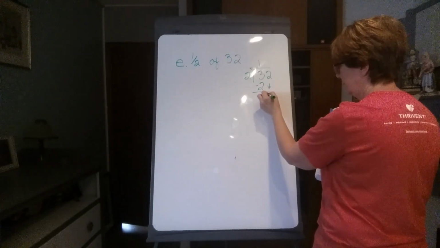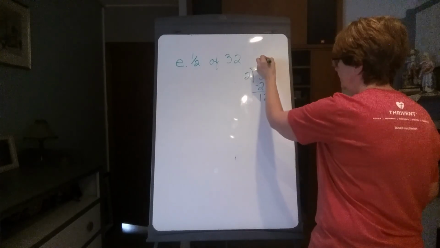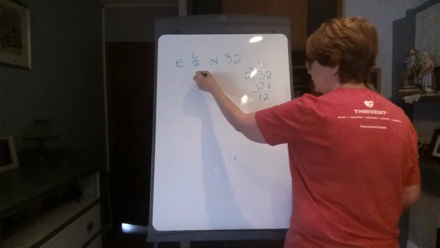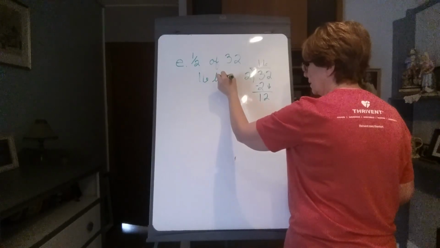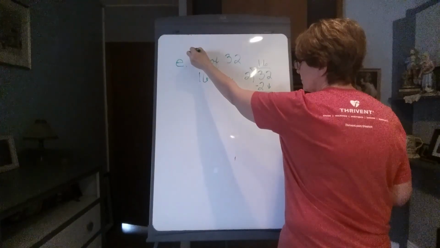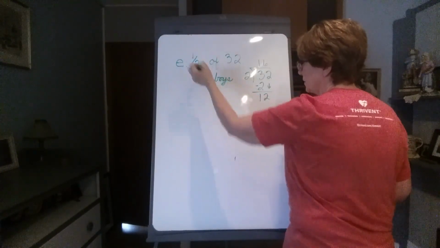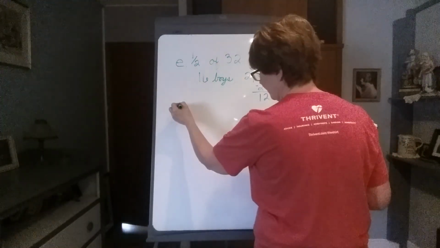Bring down your 2. 2 goes into 12. So how many boys were there? Now, because this is a 1, remember we don't have to do the multiplication part. When it gets more complicated, don't forget that part.